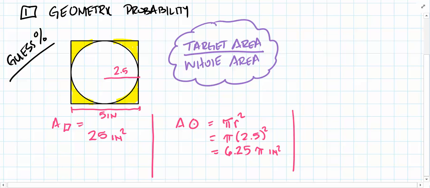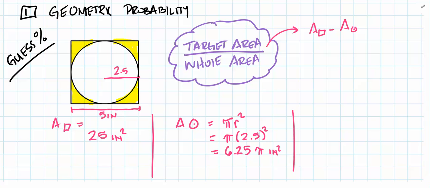Now what is the target area? The target area is the shaded region. So that shaded region is the area of the square minus the area of the circle. Take the square, subtract the circle, that's the shaded part.